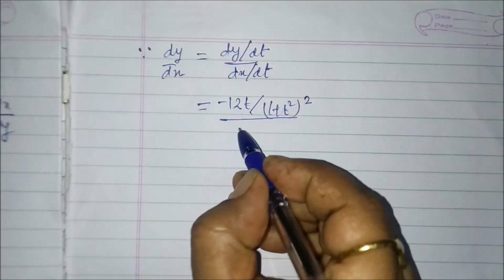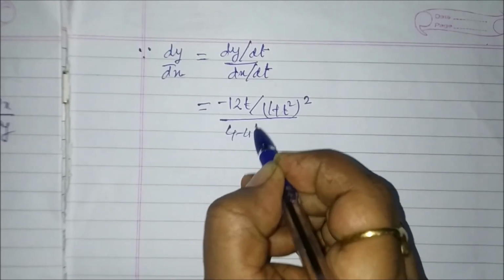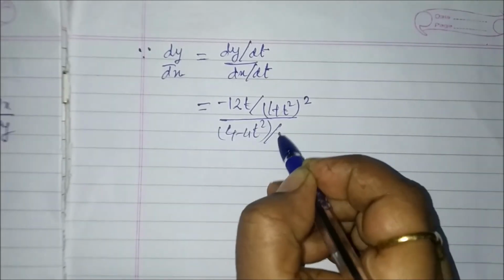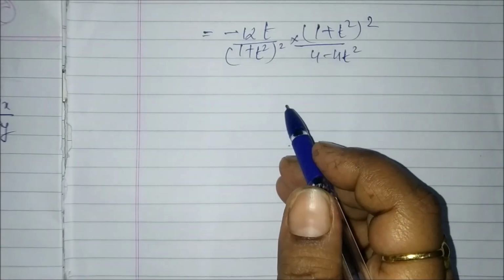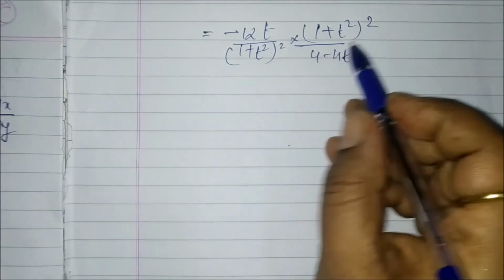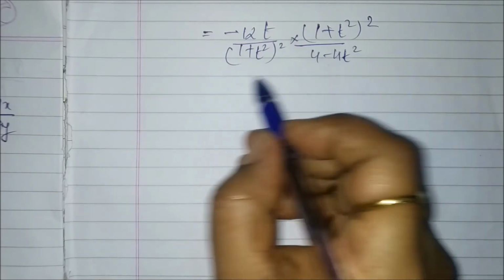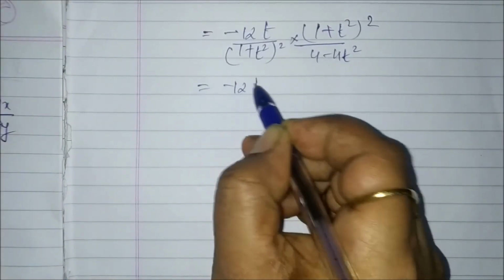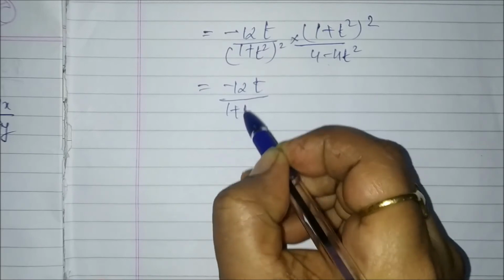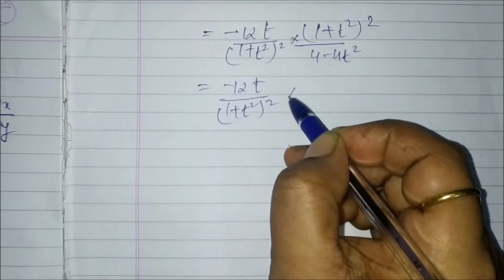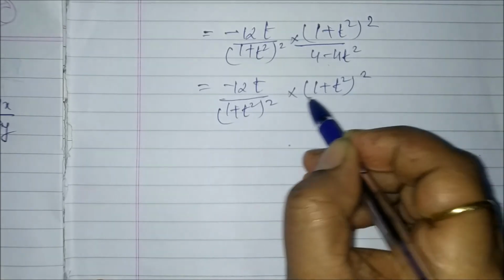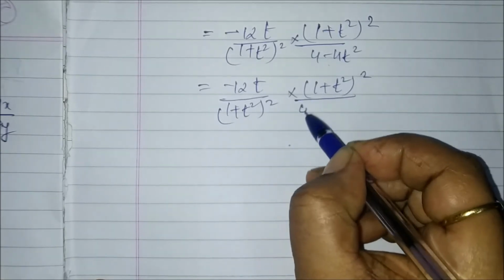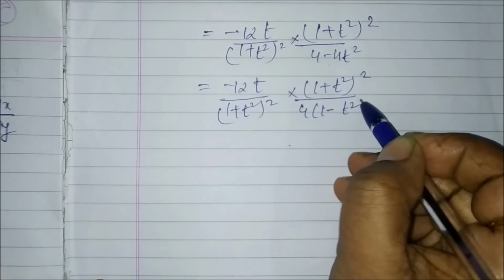Dx by dt is 4 minus 4t square upon 1 plus t square whole square. Here, don't cut it down. We'll take 4 common, and keep 1 plus t square, as we have to convert it into the form of x and y now, so we are not cutting it. Take 4 common, we get 1 minus t square.